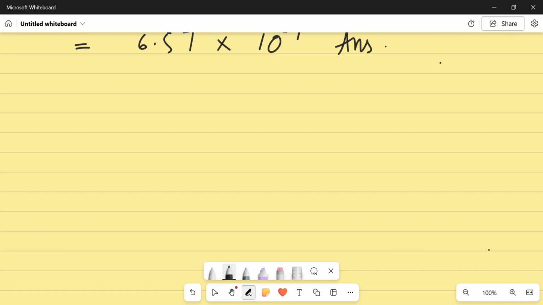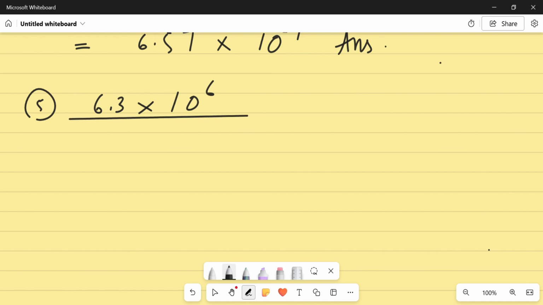Another question is the last question, which is number 5. 6.3 times 10 to the power 6. These are advanced level questions, students. So a little tricky. Okay. Multiply, with the multiplication sign, 10 to the power minus 1.